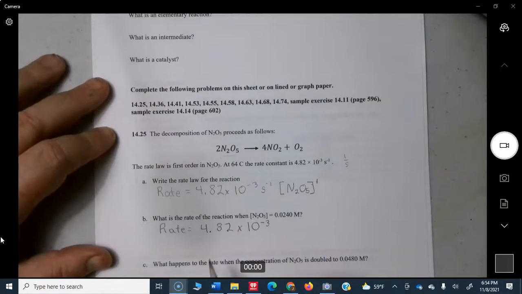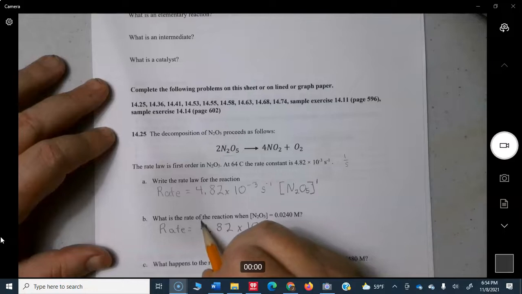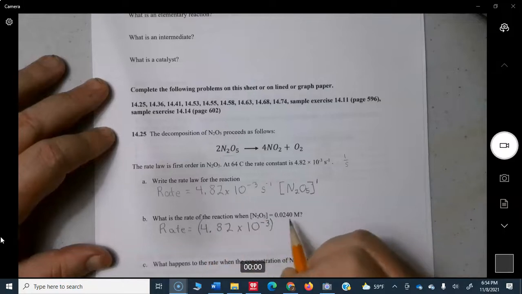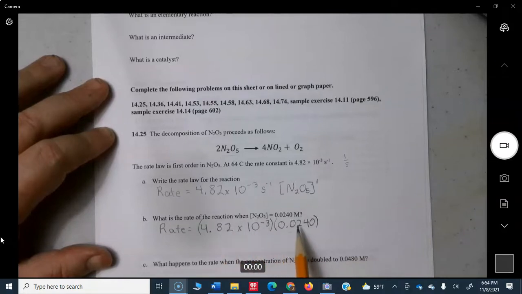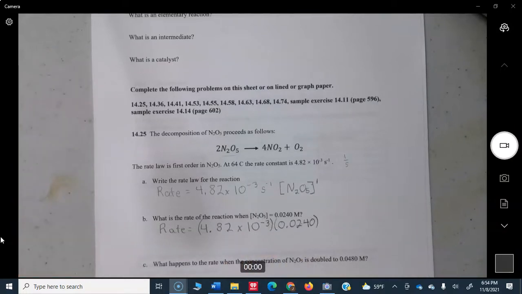Okay, and I'm going to go ahead and omit units of measure because rate is always molar per second. So just to keep it from being as cluttered, I'm going to just write it like a math equation. And remember, when you have a scientific notation and a non-scientific notation, you just treat this like a coefficient. So you multiply this with the coefficient. And so that's going to give us 4.82 times 0.024, and that gives us 0.1156.